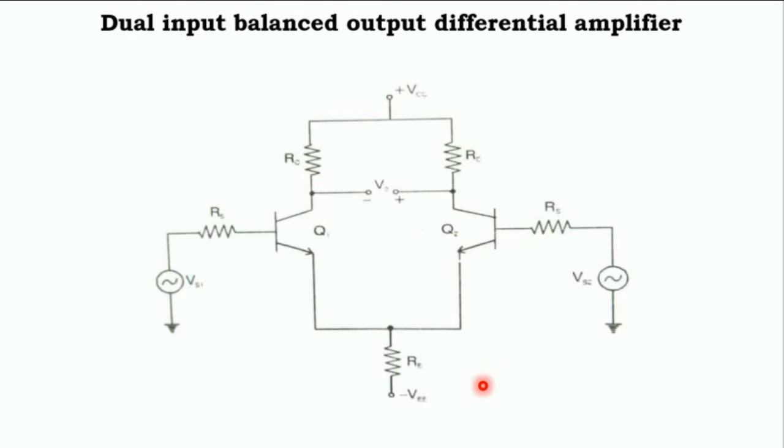See what we are doing. One amplifier is over here and the second amplifier is over here. If you split this circuit into two sections, you can understand that there are two different amplifier circuits.